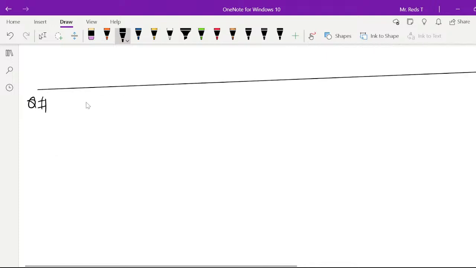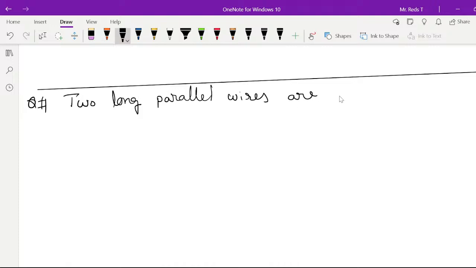Yes, the question is: two long parallel wires are at a distance of 1 meter.